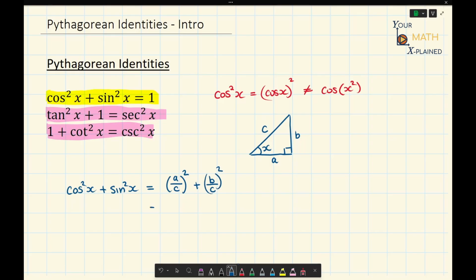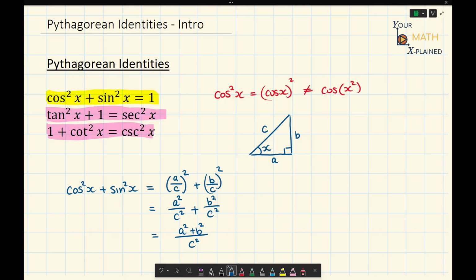Now if we square both of these fractions, the first one is a squared over c squared, and the second one is going to be b squared over c squared. Since they have a common denominator of c squared, we can go ahead and combine our fractions. So this ends up being a squared plus b squared over c squared. But wait a second, we're actually dealing with a right angle triangle here.